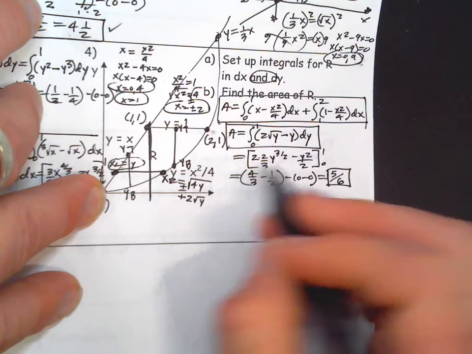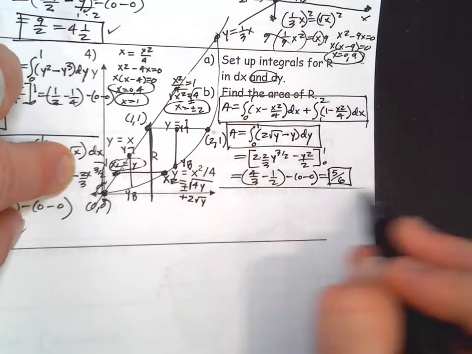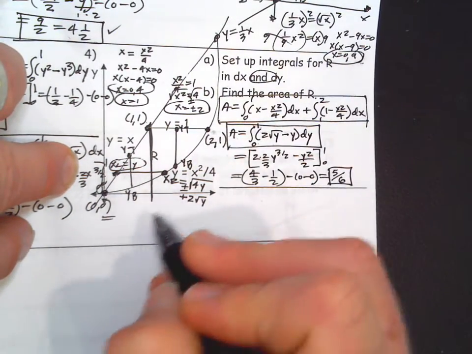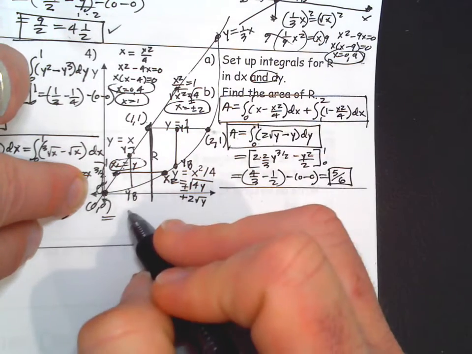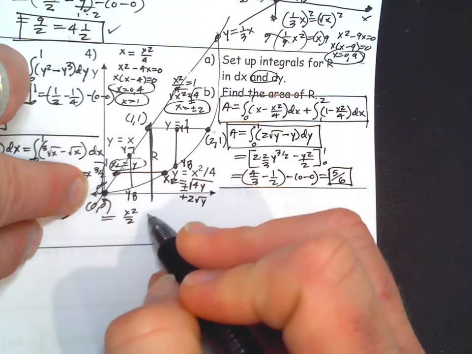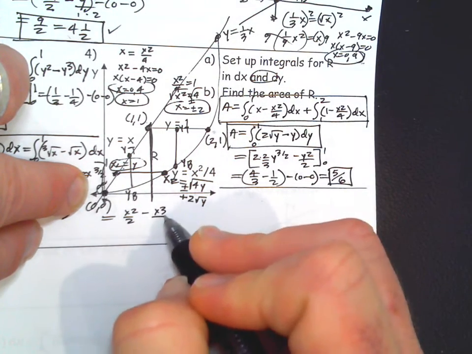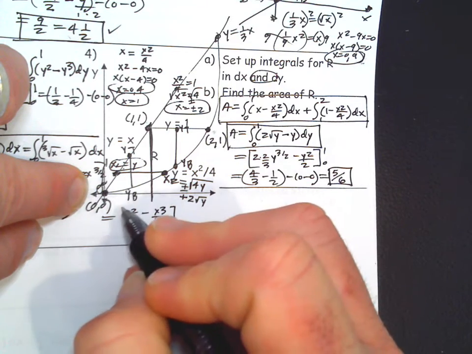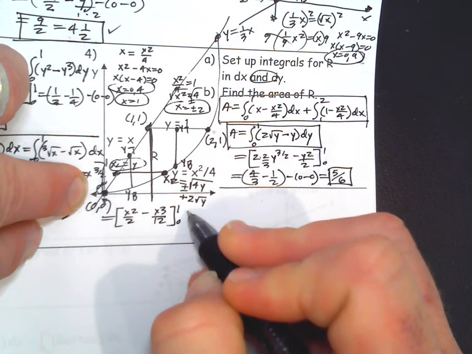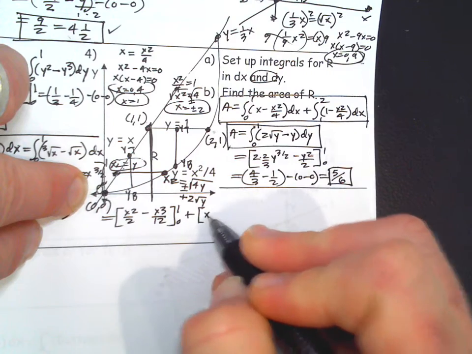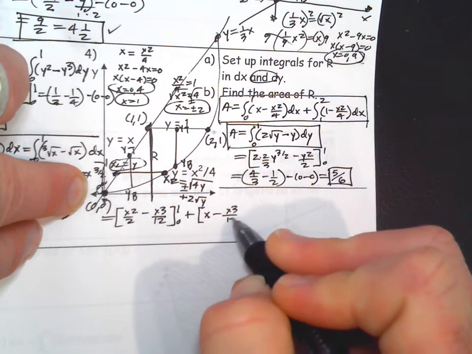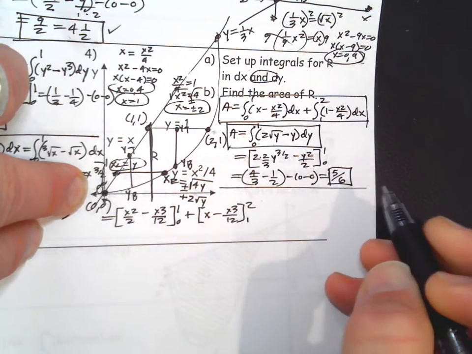Okay. Now, if you're going to do it the other way, I think it's going to be a bit more work. You're going to have to do x squared over 2 minus x cubed over 12, 0 to 1. And then you're going to have to do x minus x cubed over 12, 1 to 2. You got to do two separate integrals.